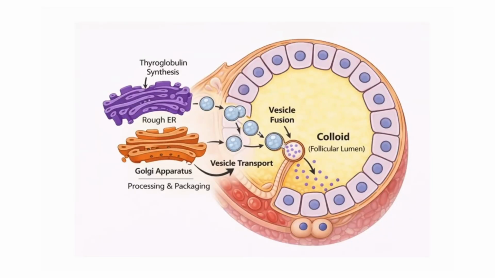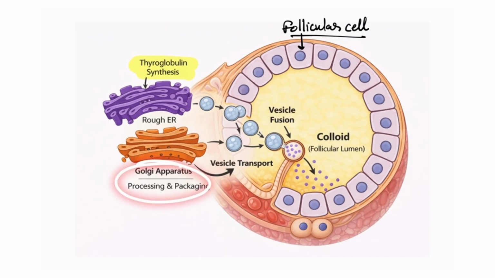Step 0: Thyroglobulin synthesis. Thyroid follicular cells synthesize thyroglobulin. It is synthesized in the rough endoplasmic reticulum, processed in the Golgi apparatus, packed into vesicles, and secreted into the colloid.